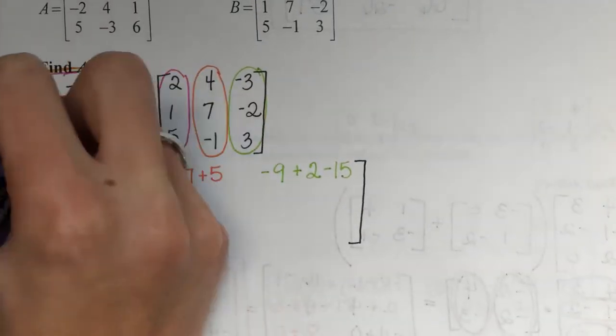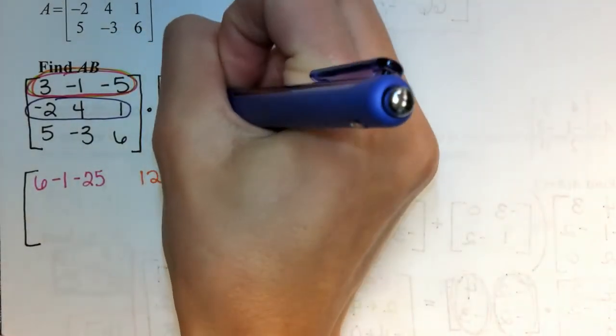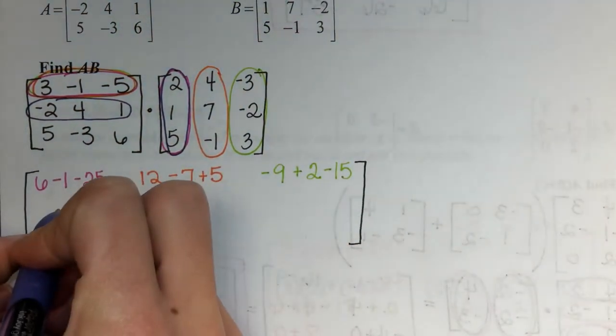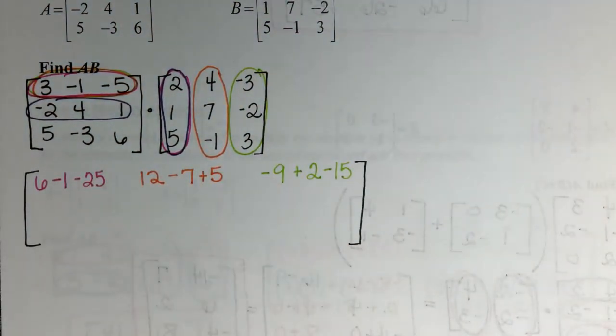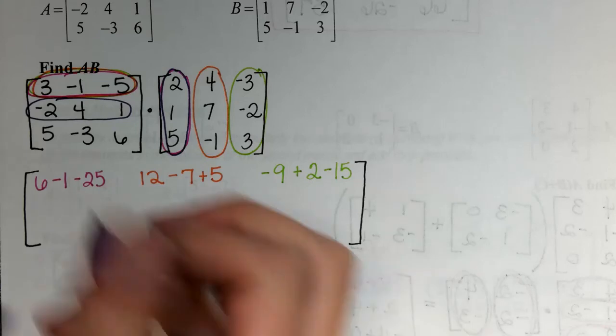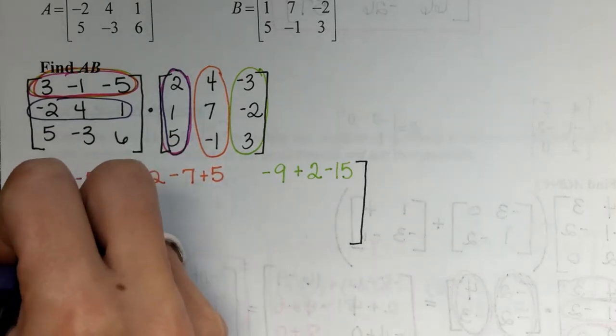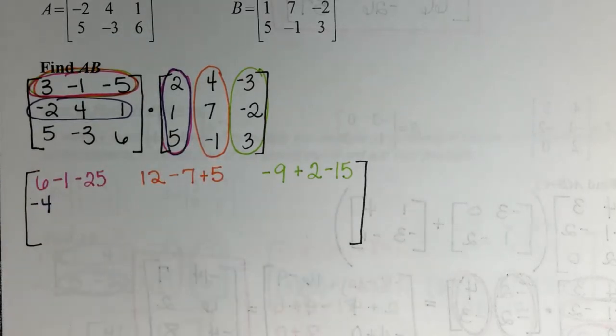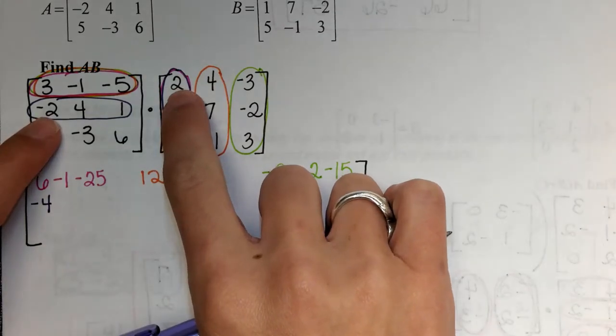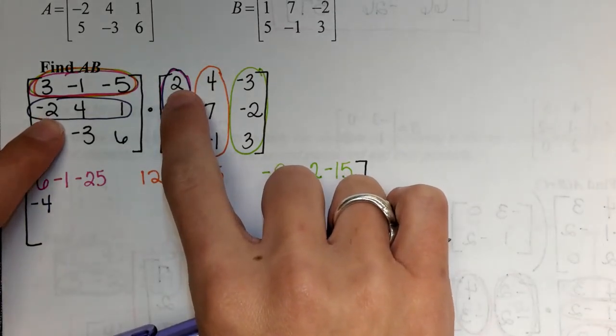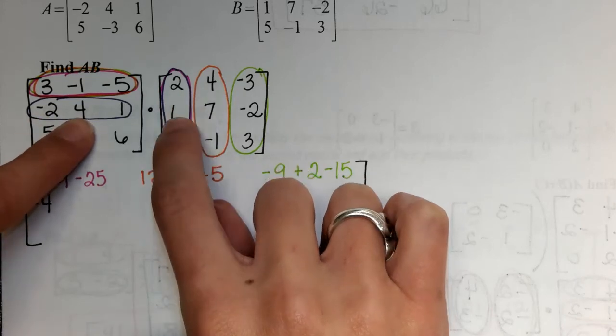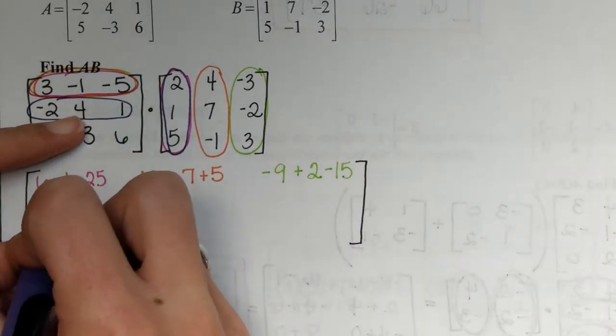Second row, first column. Oh, negative 4. You're on second column. Second row, first column. Oh. Negative 2 and 2. Then plus 4. Plus.